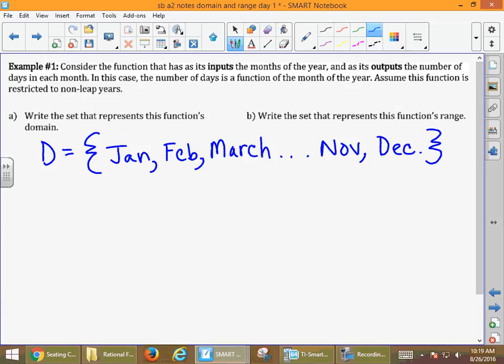Those are the inputs. So the outputs are how many days in each month. So when we look at representing the range, well, there's 31 days in January. There's 28 days in February. There's 31 days in March.